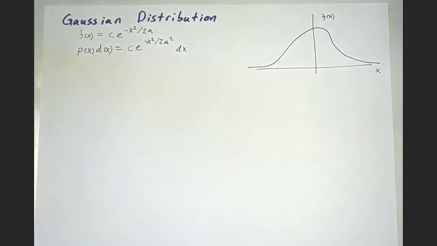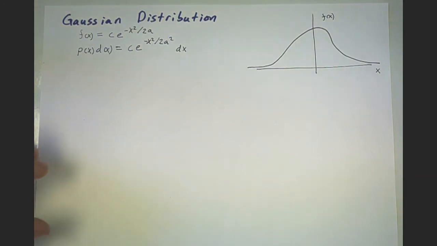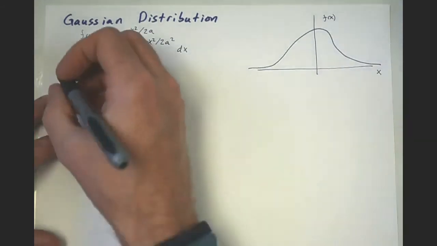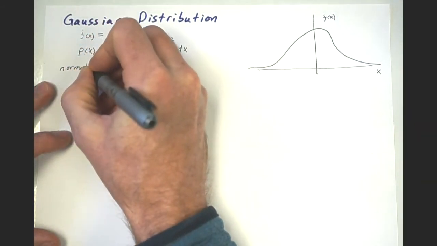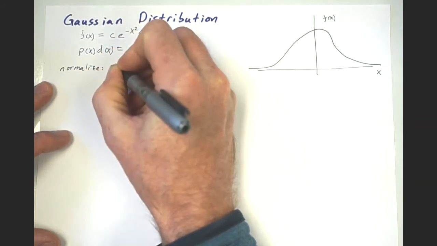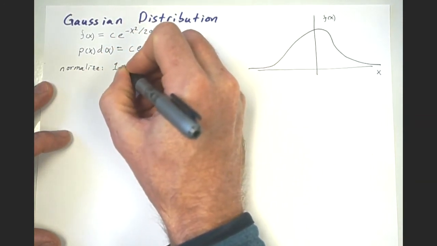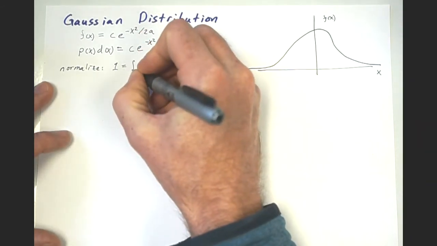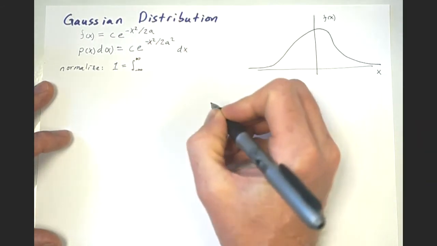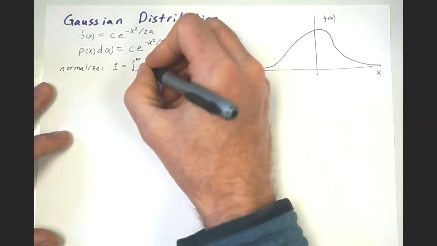Now let's apply a few of these ideas that we just talked about from our discussion of probability. We'll start out with normalization. If we normalize this, that's saying that 1 is equal to the sum of all possible outcomes, or in this case, we're going to use an integral because this is defined as a continuum.